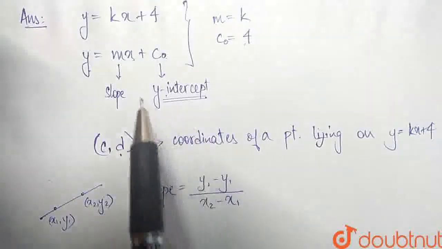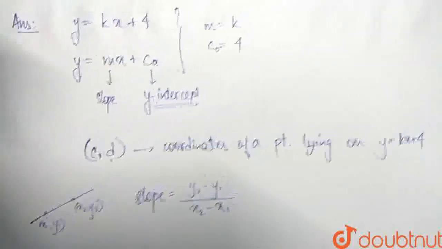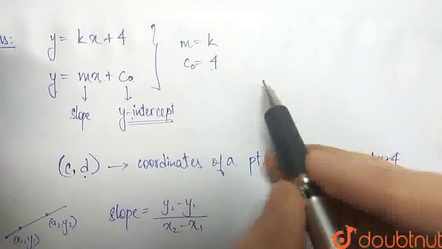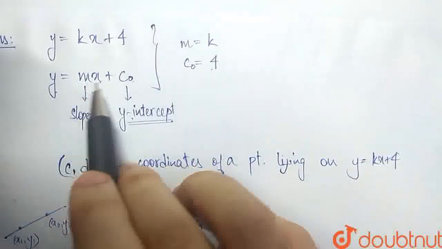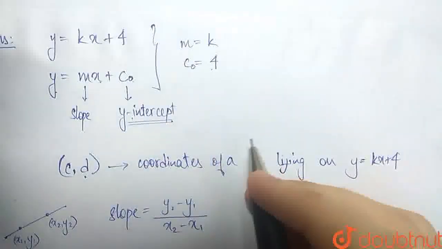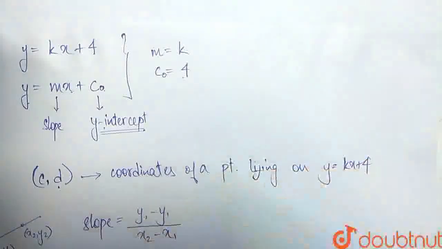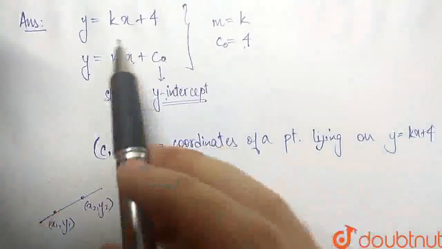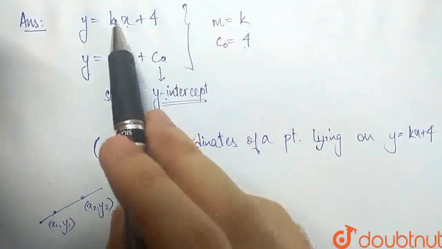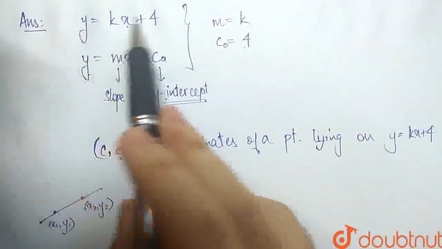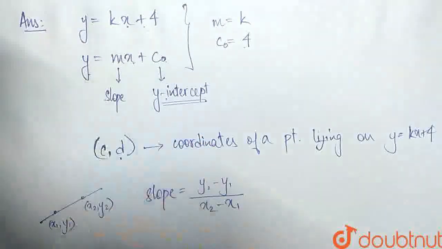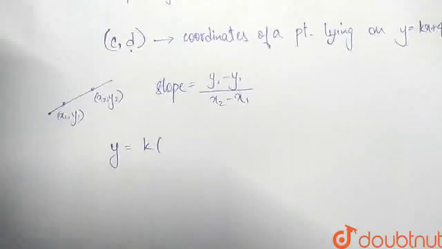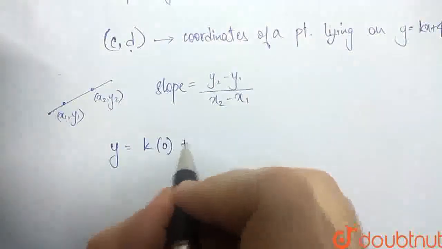So we can find the second point using this y-intercept. I already told you that the y-intercept is the y coordinate of the point at which x equals 0 on that straight line. So what we can do here is put the value x equals 0 here and check what point lies on this straight line for which x equals 0. So y equals k times 0 plus 4.